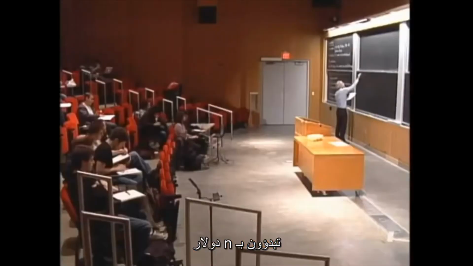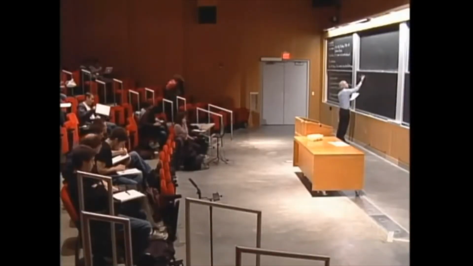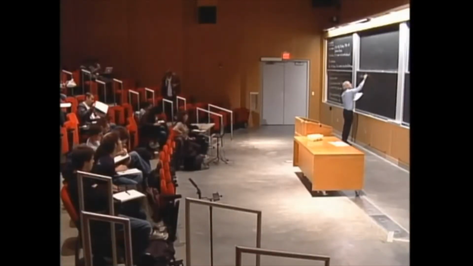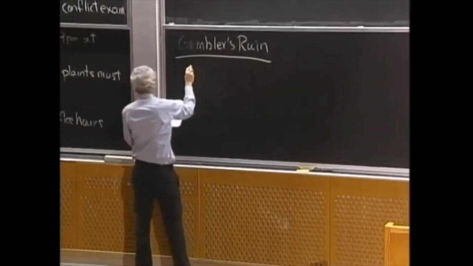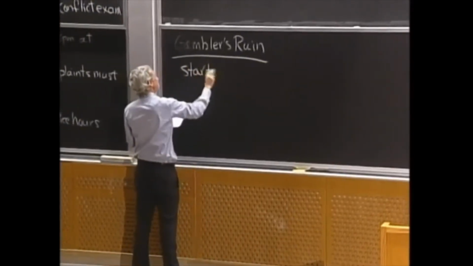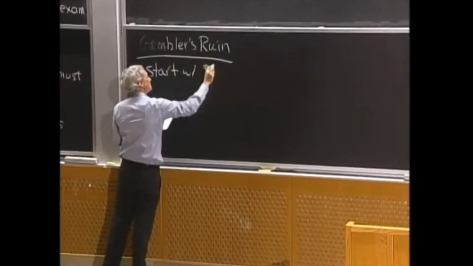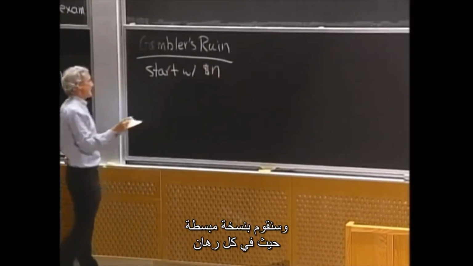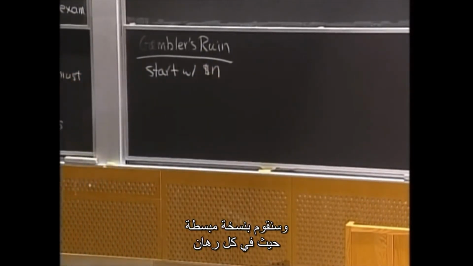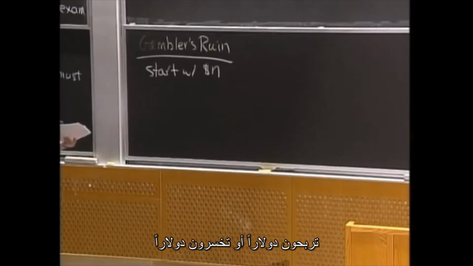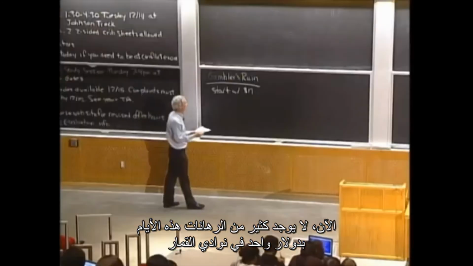Now, in the gambler's ruin problem, you start with n dollars. And we're going to do a simplified version where in each bet you win $1 or you lose $1. Now these days there's not many bets in a casino for $1.